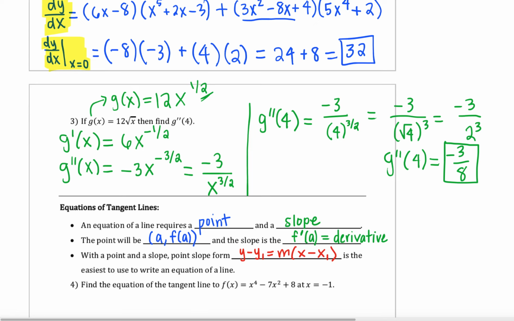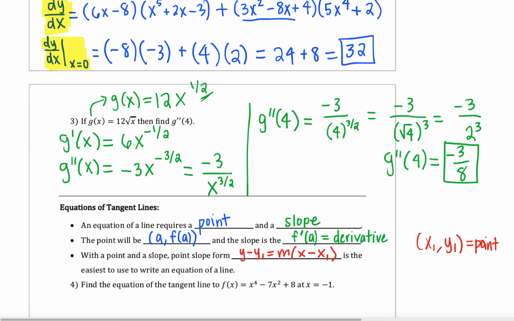Now with a point and a slope, we have a lot of different equations of lines from Algebra 1, but the easiest one to use would be point-slope form. And to recall that, that would be y minus y1 equals m, where m is our slope, times x minus x1. And again, x1 and y1, for a little algebra refresher here, is just the point that we're writing this equation at. So that would really be our a comma our f of a.